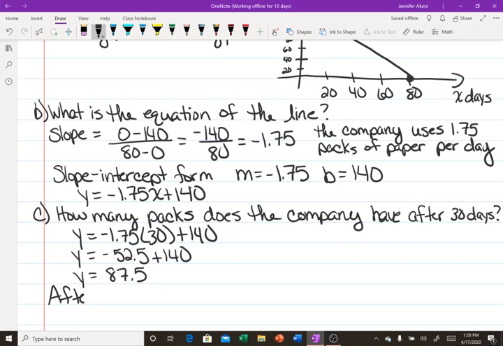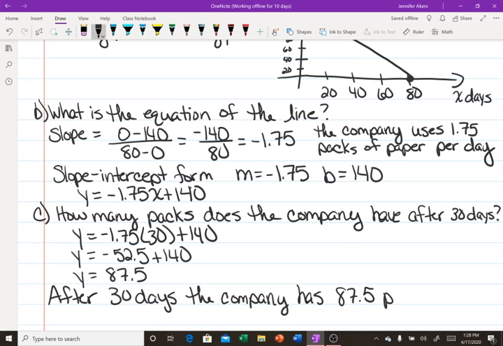So after 30 days, the company has 87.5 packs of paper left.